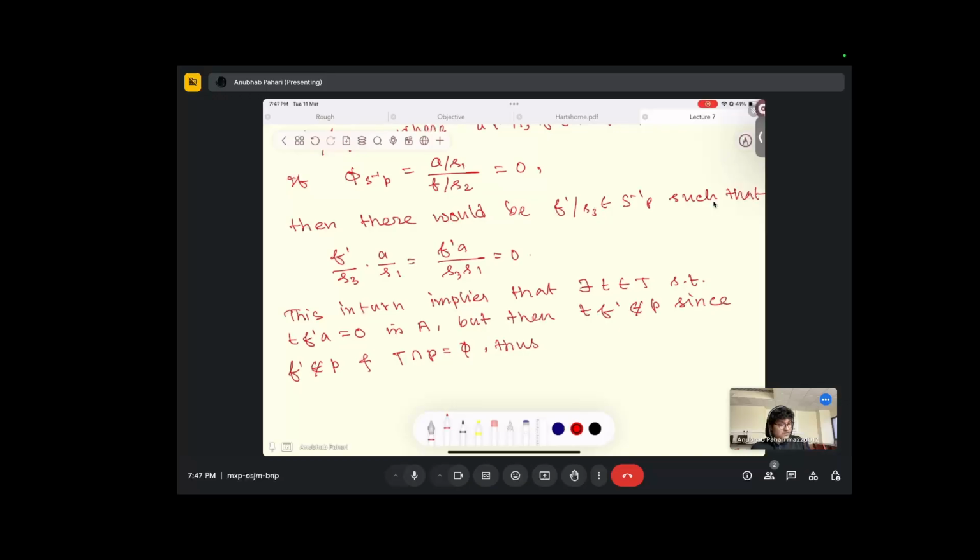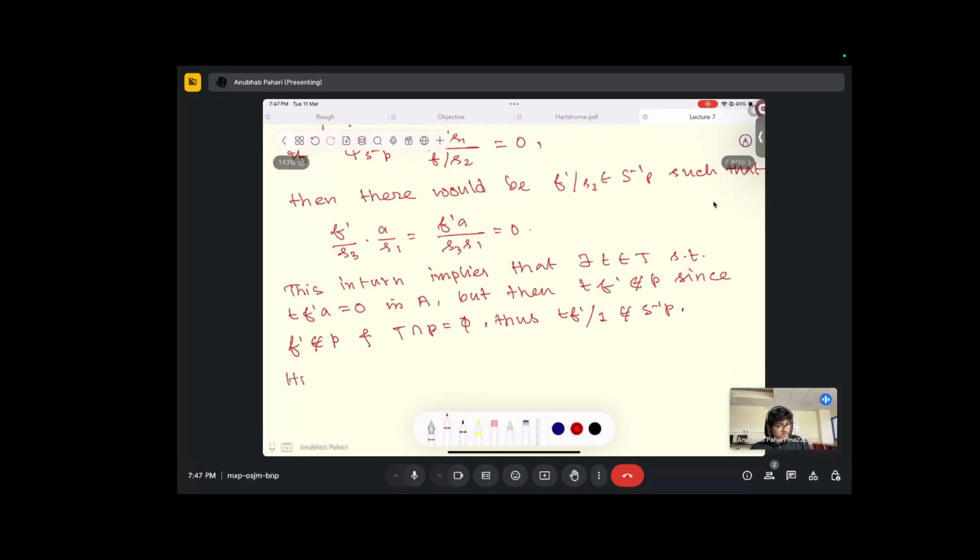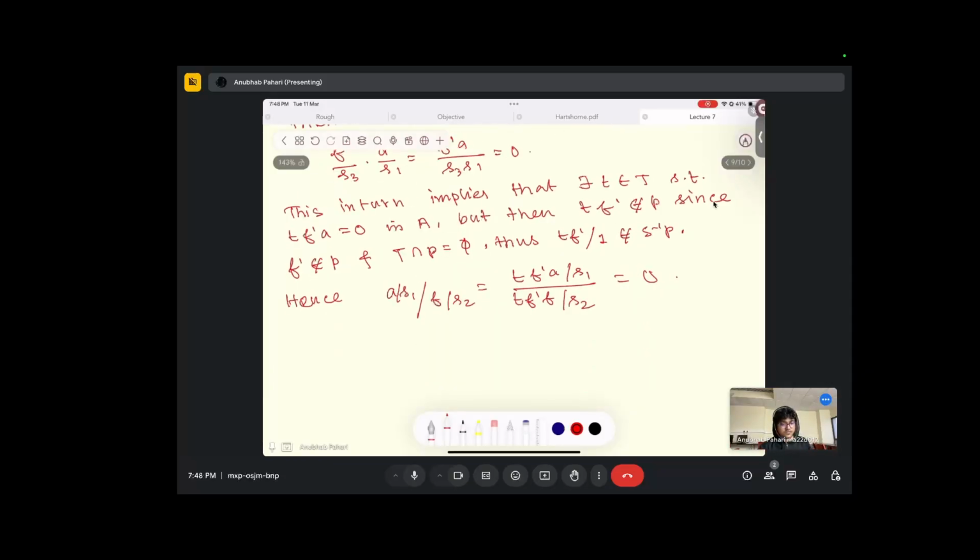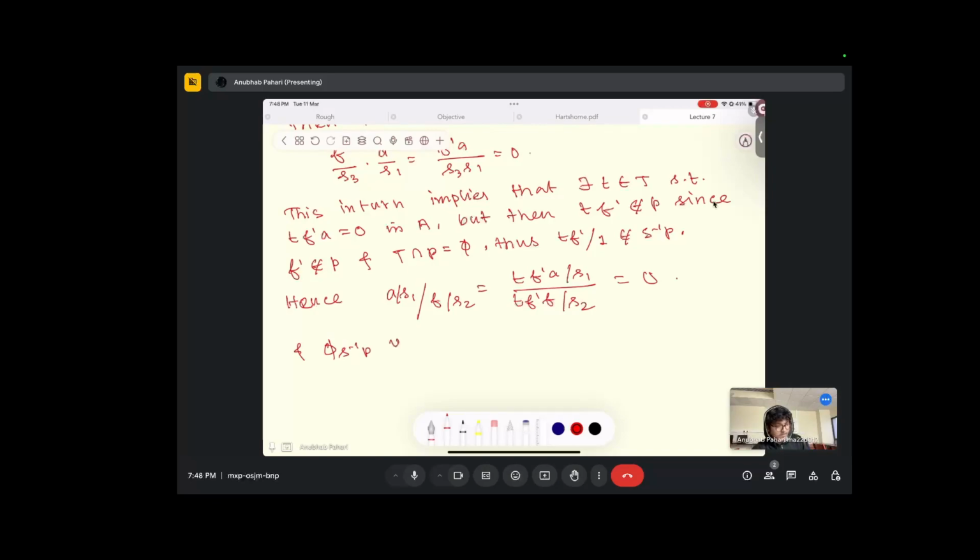Thus tf dash by 1 does not belong to P. Hence a by s1 f by s2 equals 0, and so phi inverse P is injective as desired.